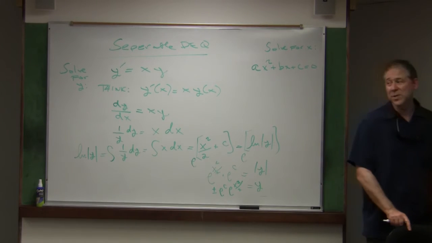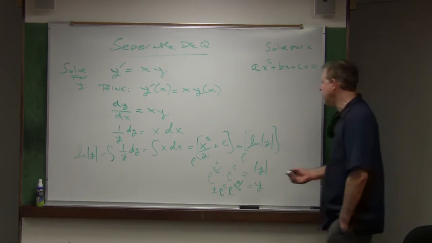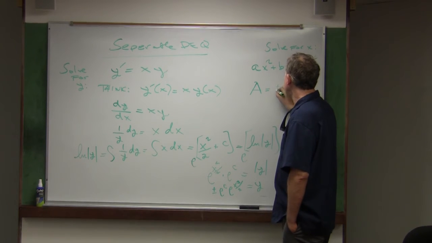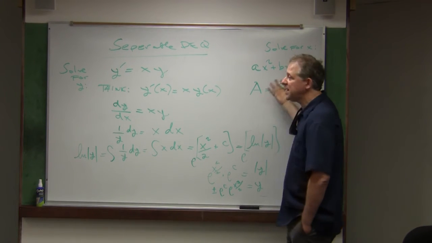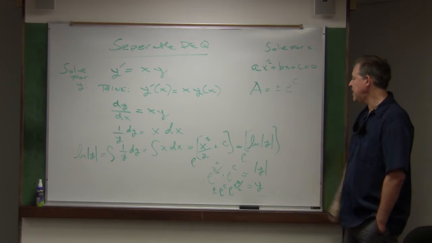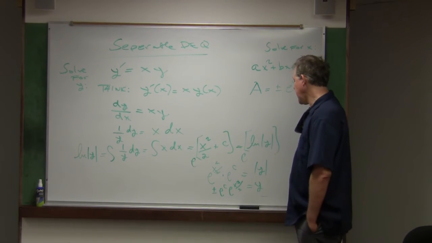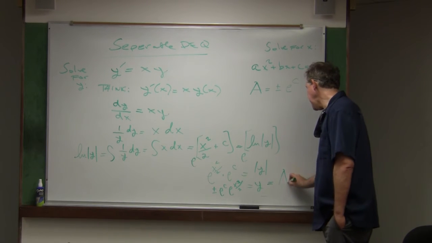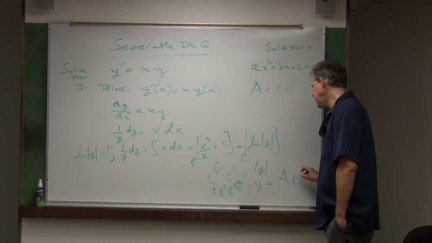Why don't we just call that big A or something. So let's have big A be plus or minus e to the c, because c can be anything, and we will say that this can be A times e to the x squared over 2.